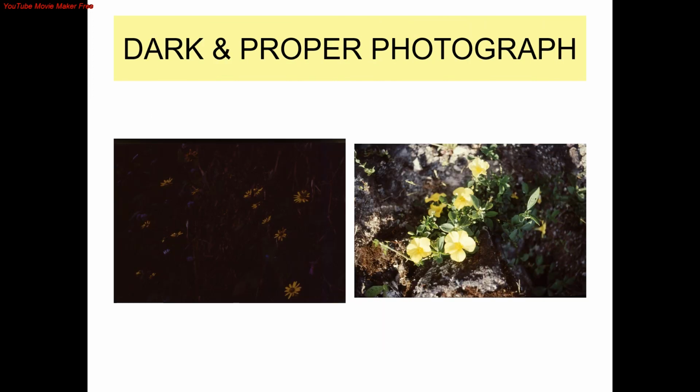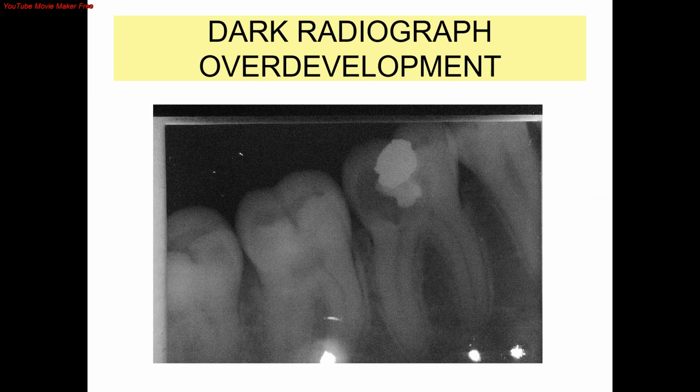Now in this slide you will appreciate how a dark photograph can affect the quality of the image. The same beautiful flowers are not even properly visible in this dark image. The same is true for a dark radiograph. As against light radiographs, dark radiographs are also seen and can be divided into two categories: A is overexposure, B is processing error.